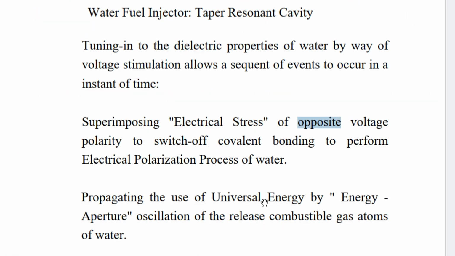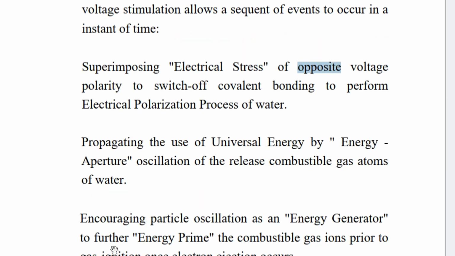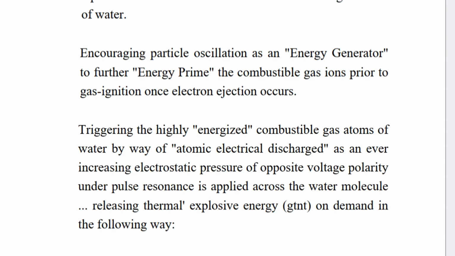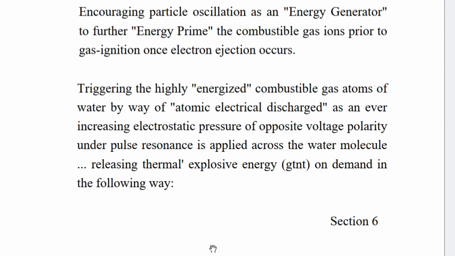So again, there's several steps here that he talks about. There is the electrical polarization process. There's energy priming, which increases the energy state. And then there's the hydrogen fracturing, which basically pulls the electrons from the actual atoms, destabilizing them. And there's actual triggering, which actually ignites the water fuel gas.